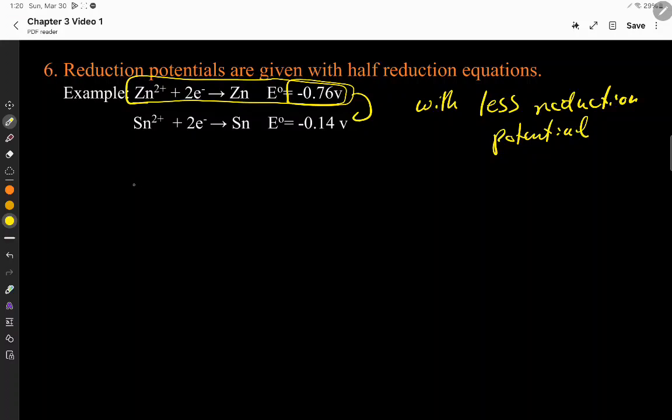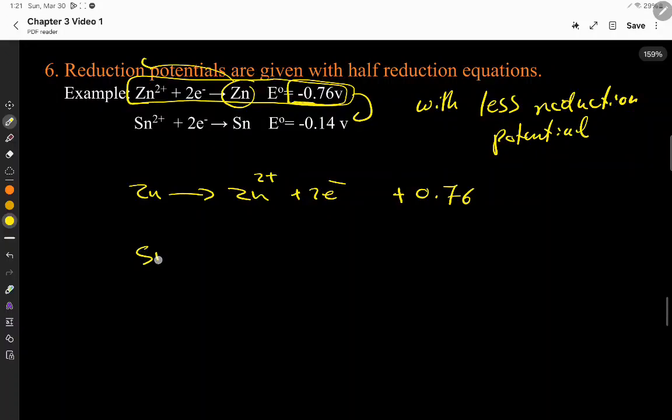So if we reverse this equation, it's going to be Zn, arrow, Zn2+ plus 2 electrons. We make the reactant the product, and the product we put on the side of the reactant, and we are going to change the value. Here it is the value of reduction, we're going to make it positive 0.76, because now this one will be oxidation.